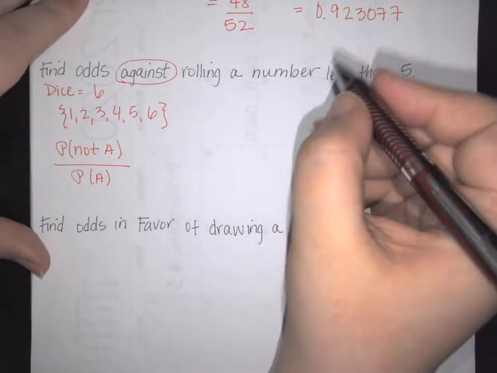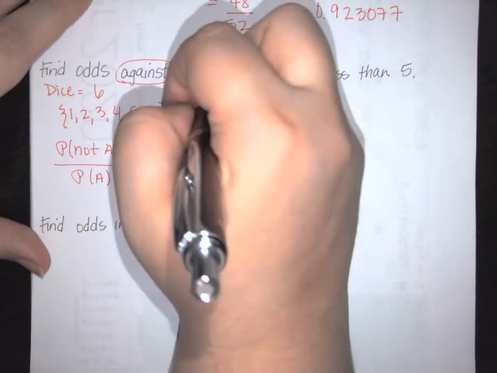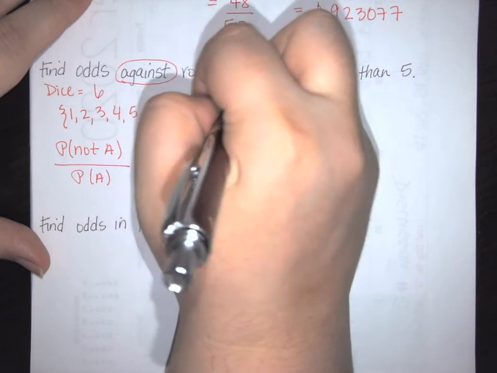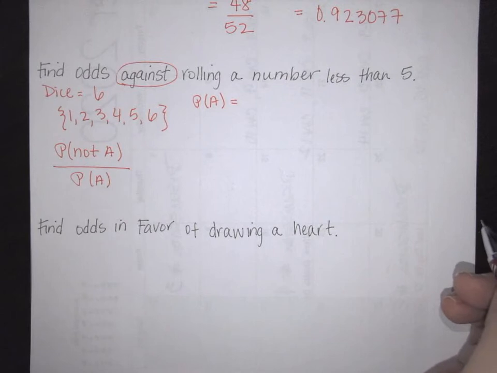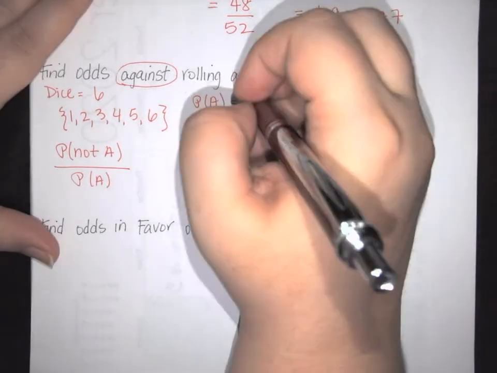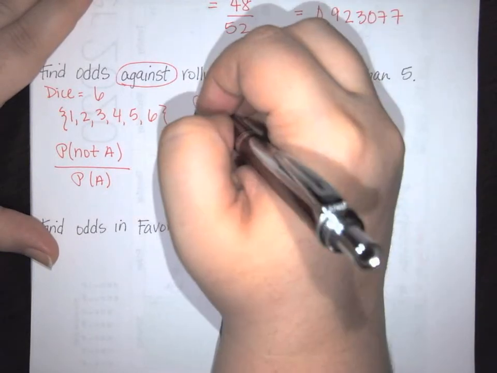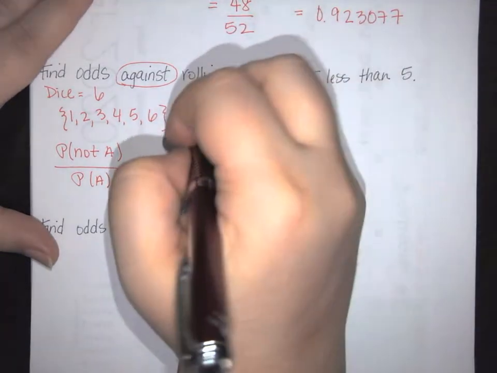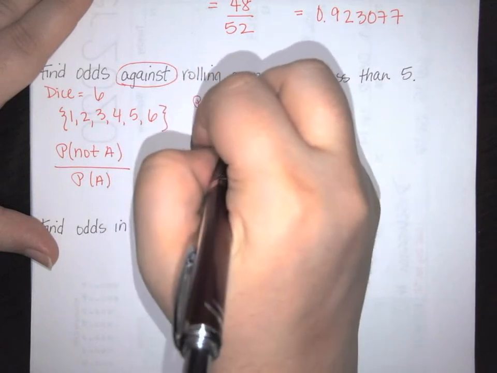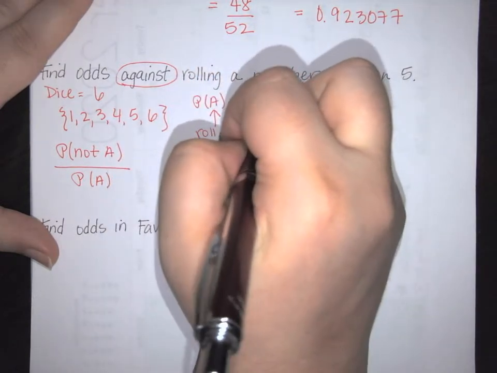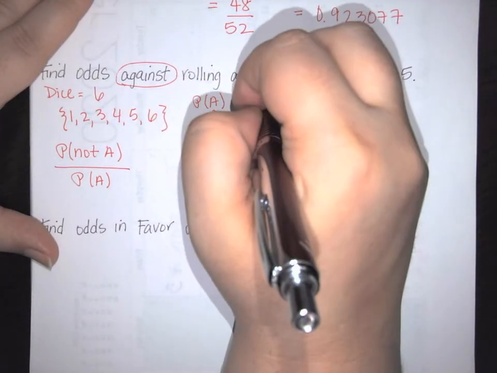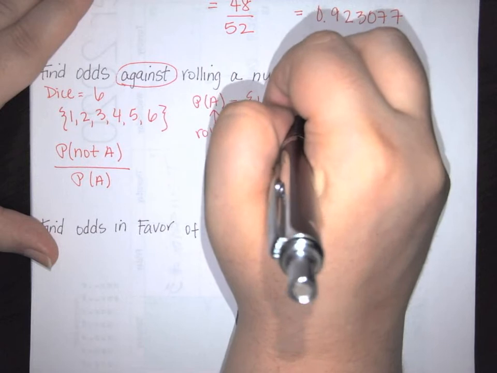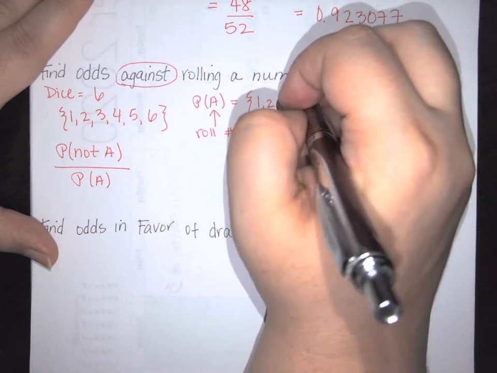So first, I want the probability of my event. So my event, A right here, is going to be that I roll a number less than 5. So here this is actually going to be the numbers 1, 2, 3, and 4.